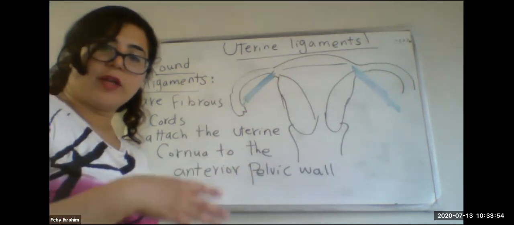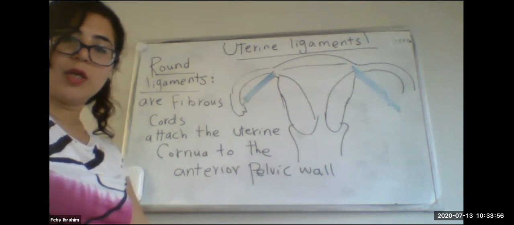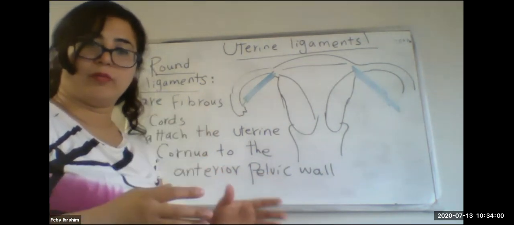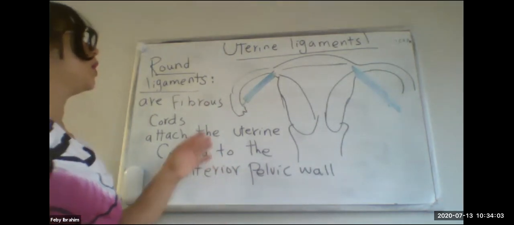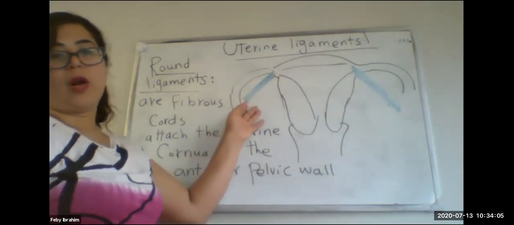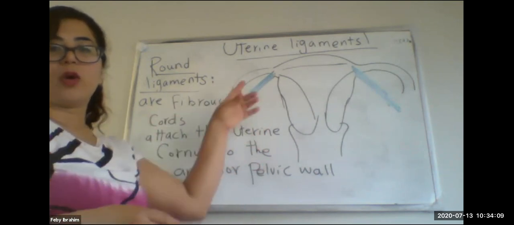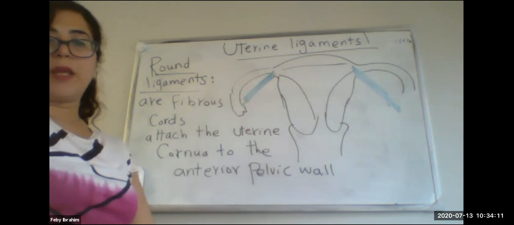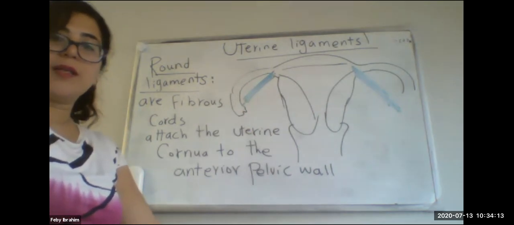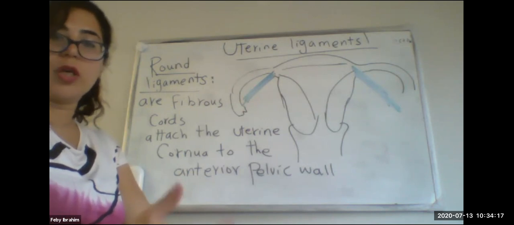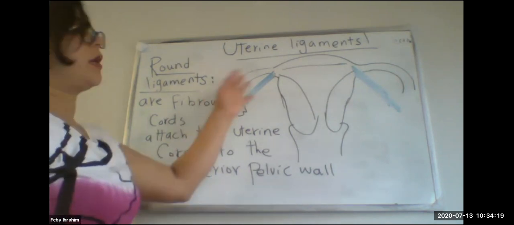So this one gives anterior support. This is the one that keeps the uterus in a forward position, because it anchors the cornua to the anterior pelvic wall.